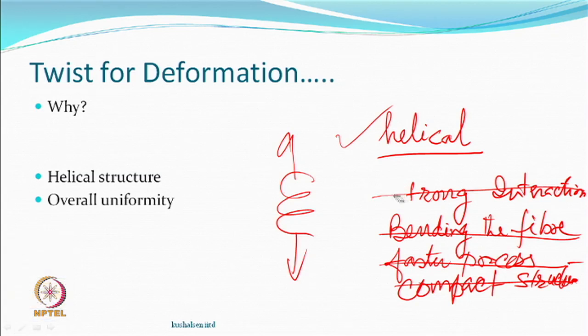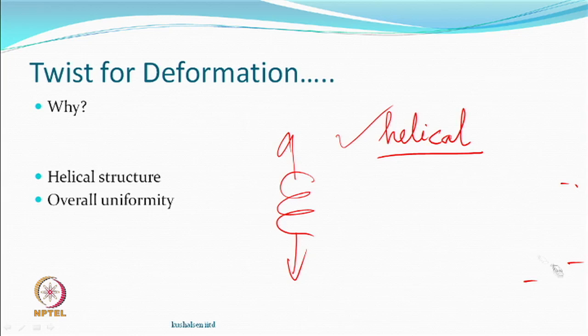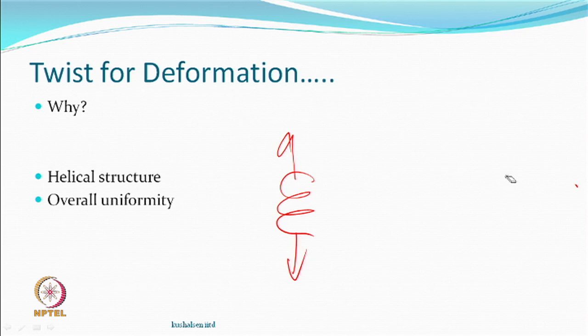Both this is uniform, right? You have to tell me something about it. Uniformity. How does twisting give uniformity? Because we have, let us say, a multi-filament yarn, there are a lot of filaments. Are they being treated uniformly?